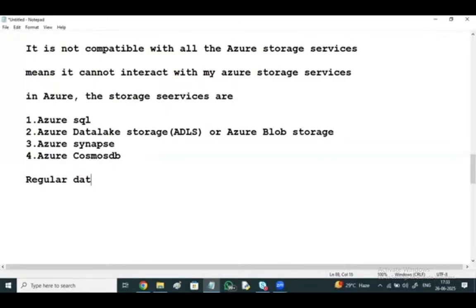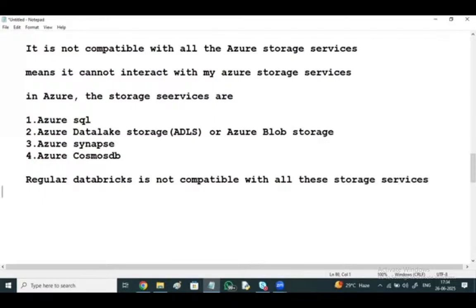The regular Databricks is not compatible with all the storage services.